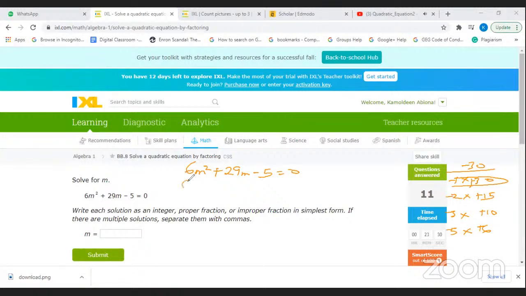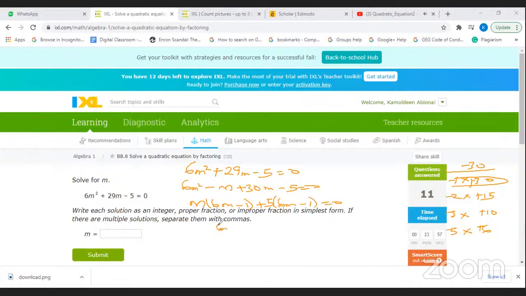So we have 6m squared minus 1m plus 30m minus 5 equals to 0. So m is common here. m into bracket 6m minus 1 plus what is common here? 5 is common. We are left with 6m minus 1 equals to 0.